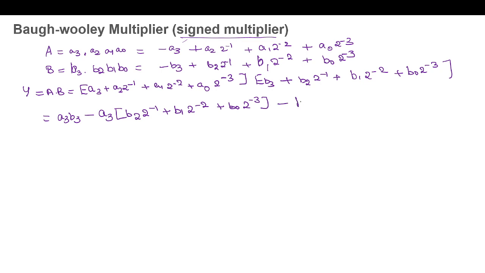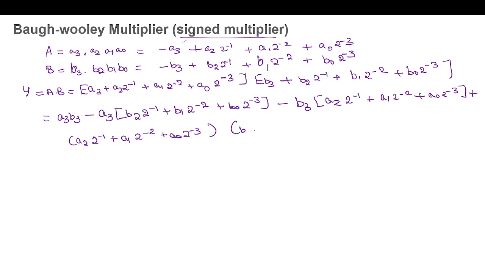This as well as B3 into the same A terms: A2, A1 to the power minus 2 plus A0 to the power minus 3, plus the remaining terms, plus A0 to the power minus 3, to the power minus 1 plus B1 minus 2 plus B0 to the power minus 3.